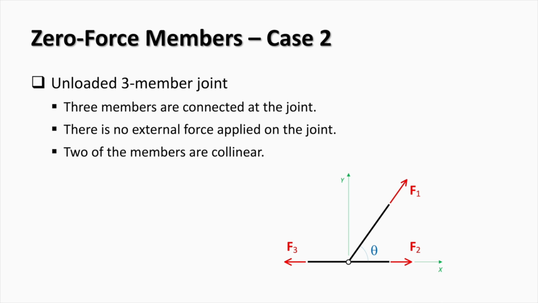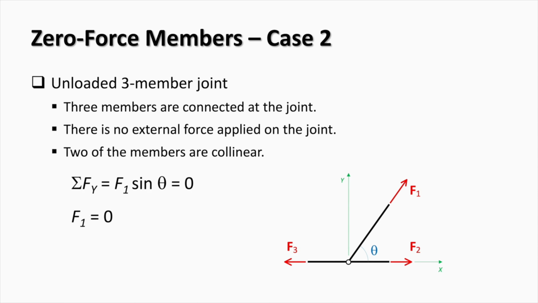Another arrangement of bars that indicates the presence of zero force members is an unloaded joint connecting three bars where two of those bars are collinear. In the example shown here, the two horizontal bars are collinear. To show that the inclined bar is unloaded, we will write the equilibrium equations. From the sum of vertical forces, it follows that F1 is 0.